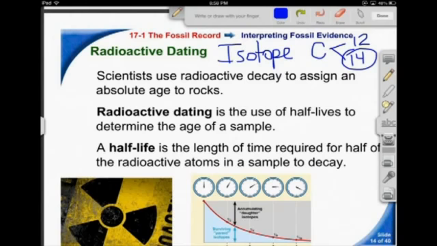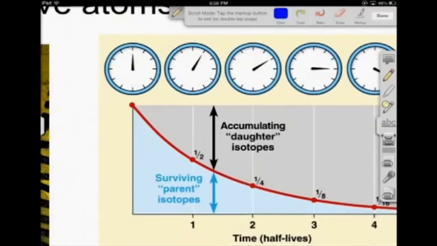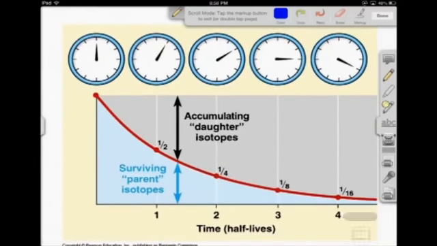I've got a neat little demo for you on radioactive dating, which talks specifically about how carbon degrades. Carbon degrades at a very constant rate. It's a concept of a half-life. If something along the lines of carbon-14 degrades, we know how long it takes.